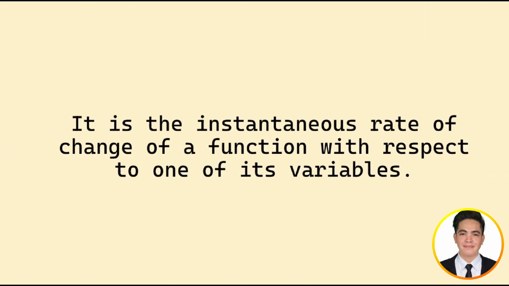According to the definition, it is the instantaneous rate of change of a function with respect to one of its variables. So yung kinakalculate natin, if we were looking for a derivative, it's the instantaneous rate of change. Meaning ng instantaneous at that specific period of time. Kung gaano kabilis, ka-significant yung change, ayan yung gusto nating malaman.